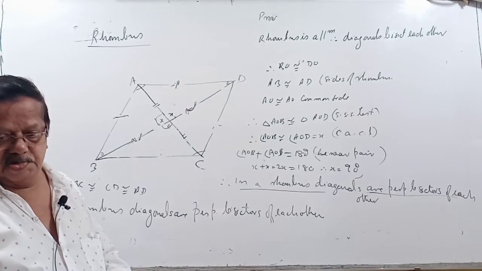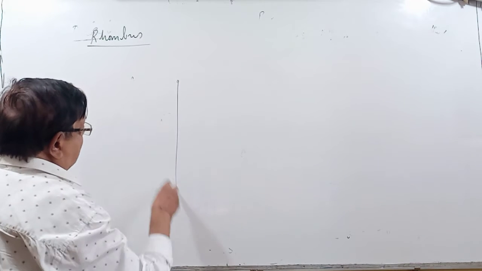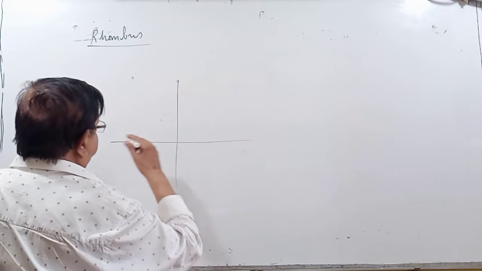Now, the same fact, that diagonals of a rhombus are perpendicular to each other, can be proved by the perpendicular bisector theorem. So, this is one diagonal, this is another diagonal.